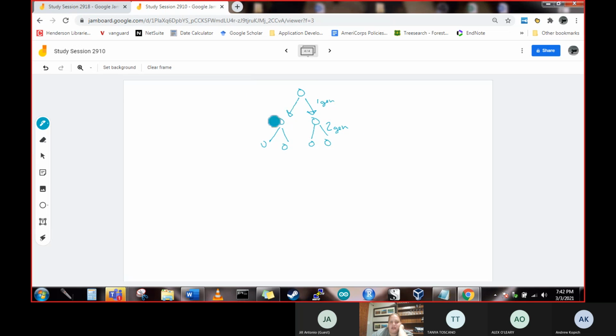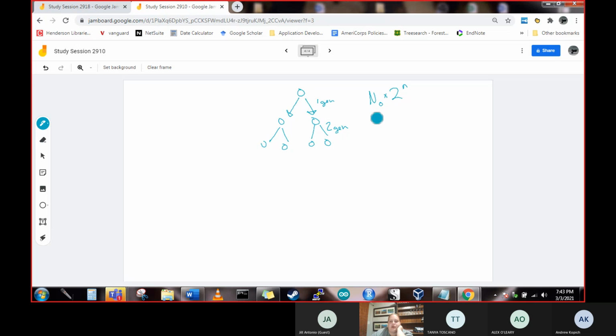And the way to show this mathematically is whatever your starting amount of bacteria, which would be N at time 0, or N naught, times 2 raised to the n. So this 2 raised to the n is showing that you'll have exponential growth by 2s.